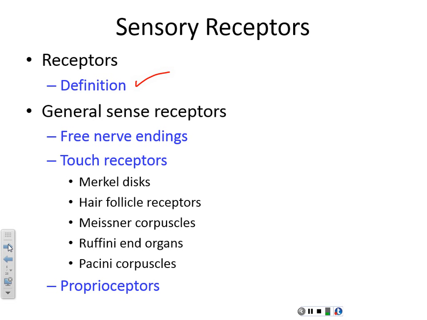Okay, hair follicle receptors, Ruffini end organs, Meissner corpuscles, all right, and Pacinian corpuscles. These are different kinds of touch receptors with different kinds of sensitivity to touch, right? So Merkel discs, first of all, where are these located in the skin?